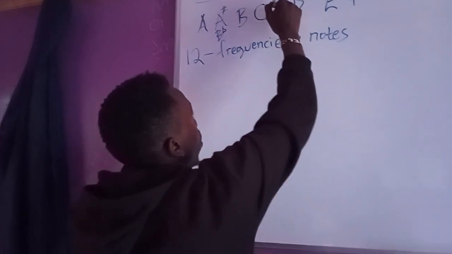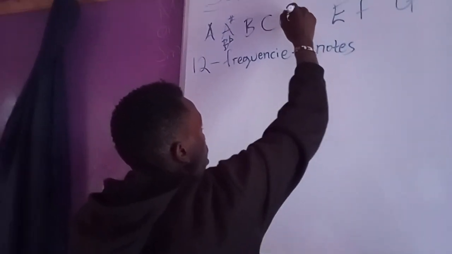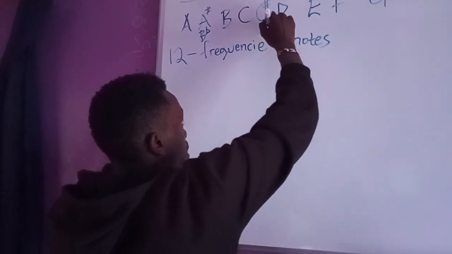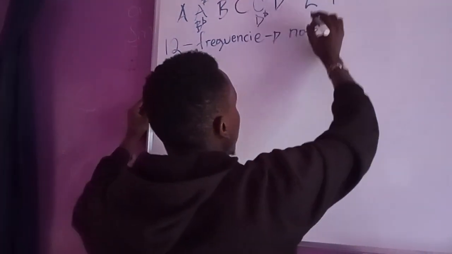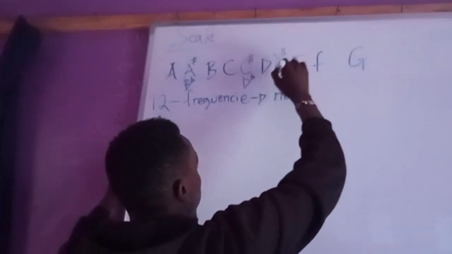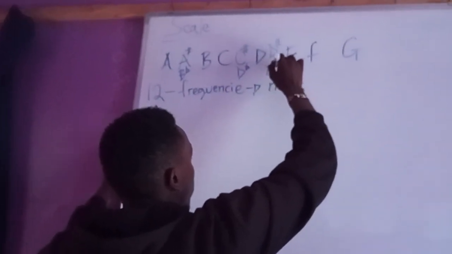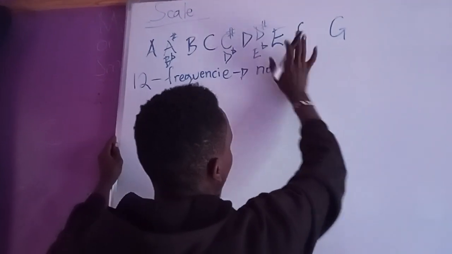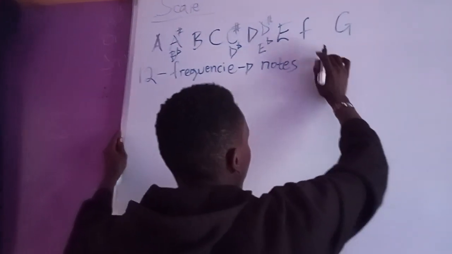Then between C and D, we introduce another note we call C sharp or D flat. Then between D and E, we have another note we call D sharp or E flat. Between E and F, we don't have anything.